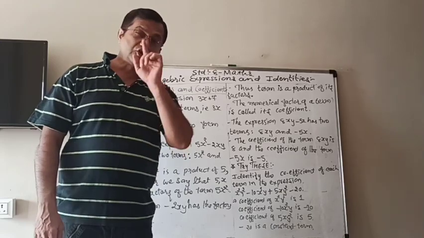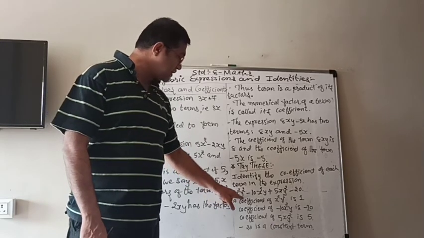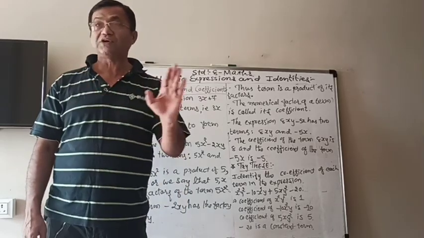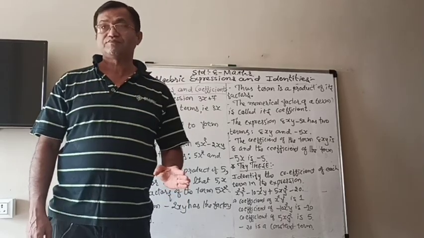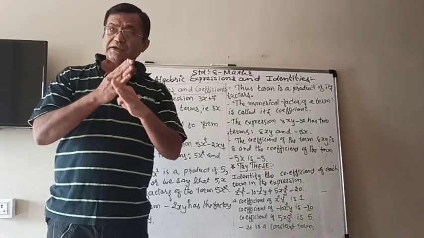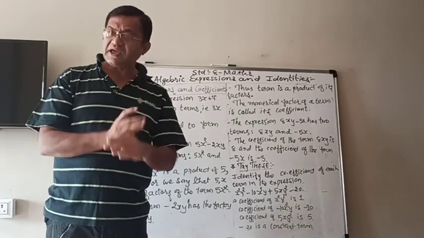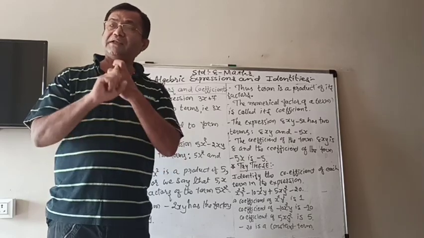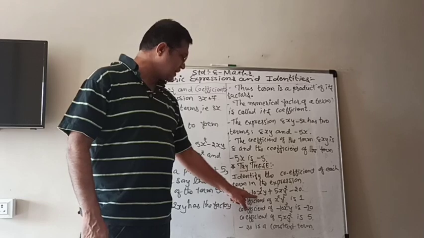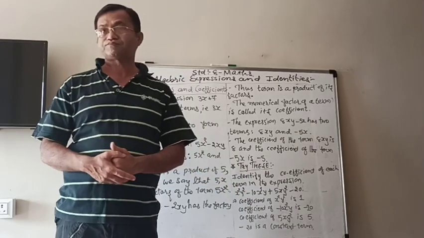And therefore, the coefficient of the term x square y square is 1. So don't say that it does not have any coefficient. Every term has a coefficient. So if there is no number there, then 1 is the factor. Second term is minus 10x square y.